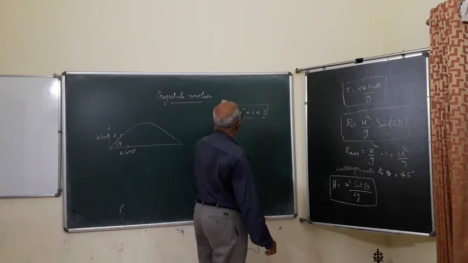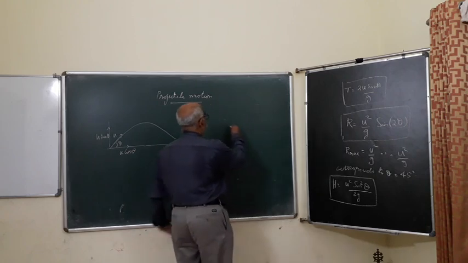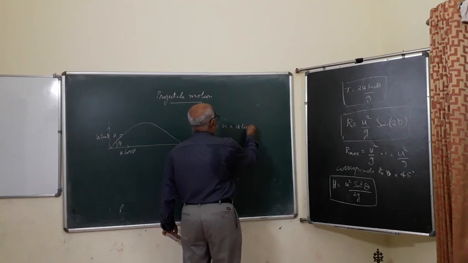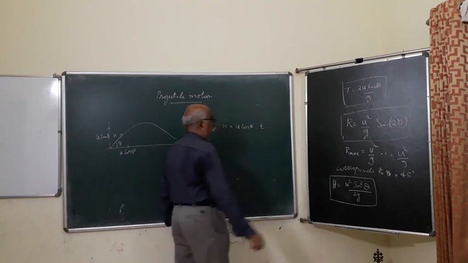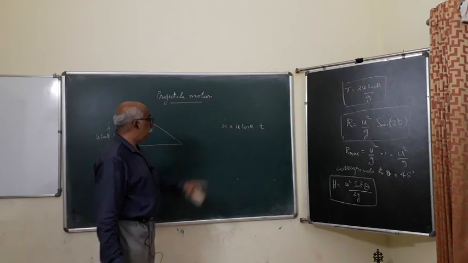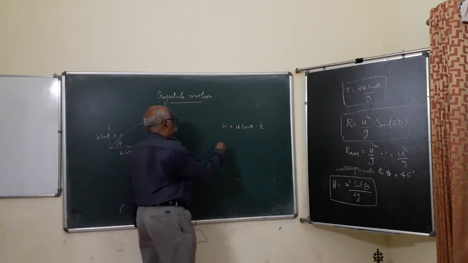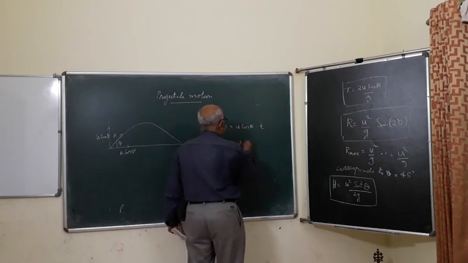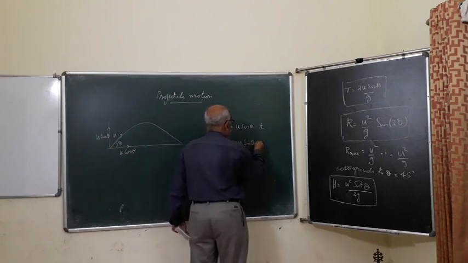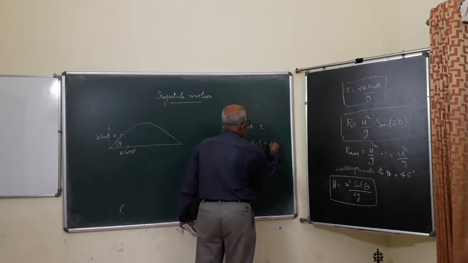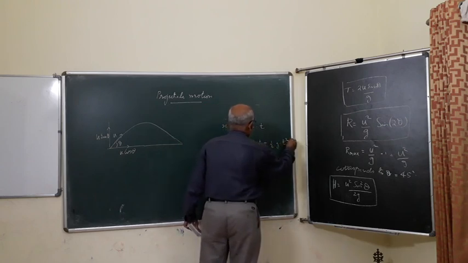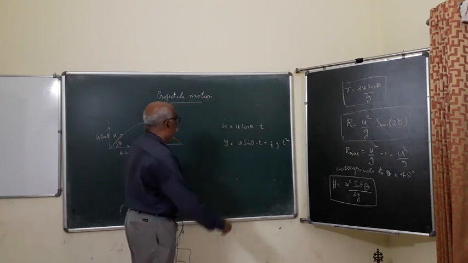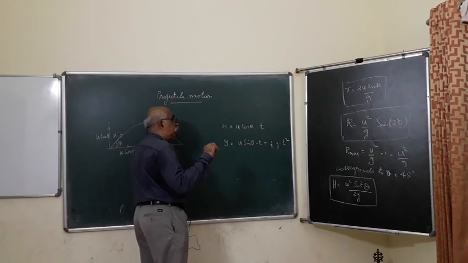One, the x-coordinate is equal to u cos theta multiplied by time t. In this time, the vertical displacement y is equal to u sin theta multiplied by t minus half g t square.